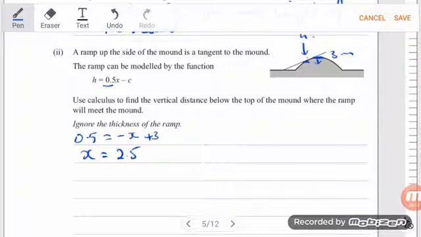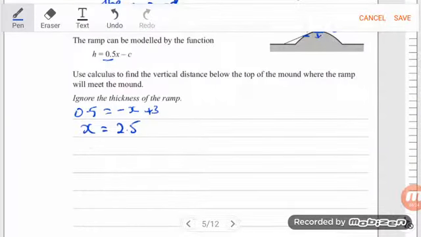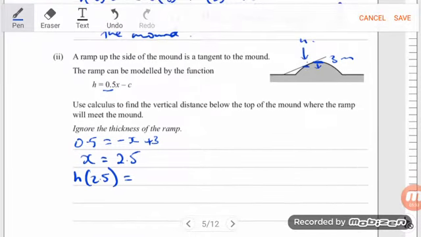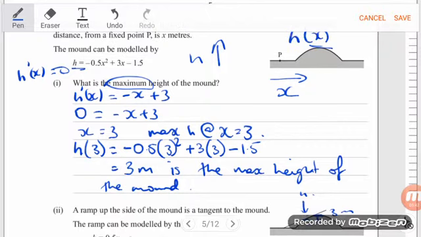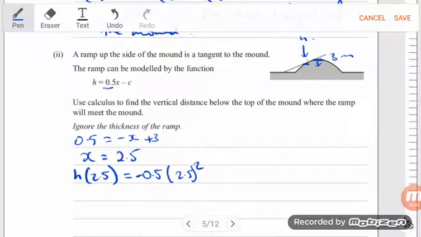So just finding the height. The height at that point, let's plug it into the original equation, which is -0.5 times 2.5 squared plus 3 times 2.5 minus 1.5.